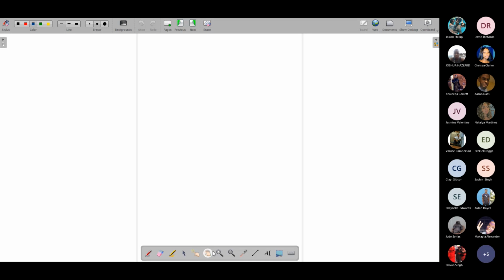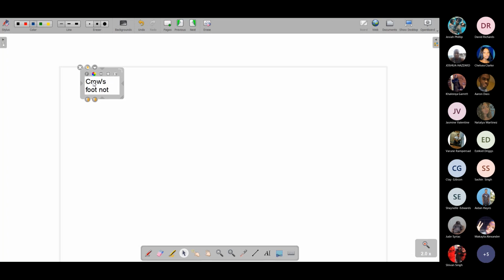Because crow's foot notation shows cardinality and modality in a very specific manner. And the crow's foot notation is pretty simple.